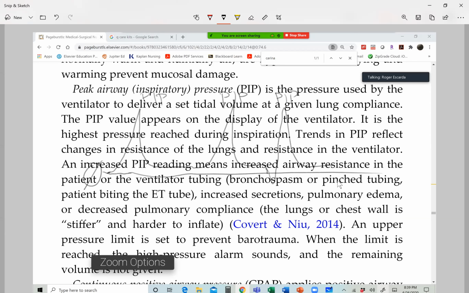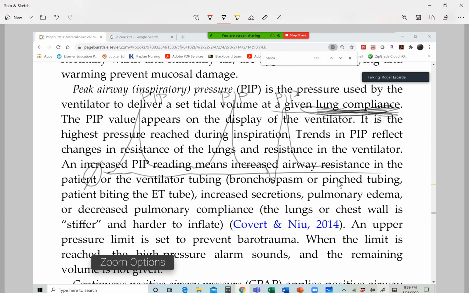Now that PIP of course changes depending on lung compliance. That's always the determinant. So the doctor will change the setting according to the lung compliance. The more compliant the lung, the higher the peak inspiratory pressure. Therefore, the lower the lung compliance, the lower the PIP, because you can't overventilate.